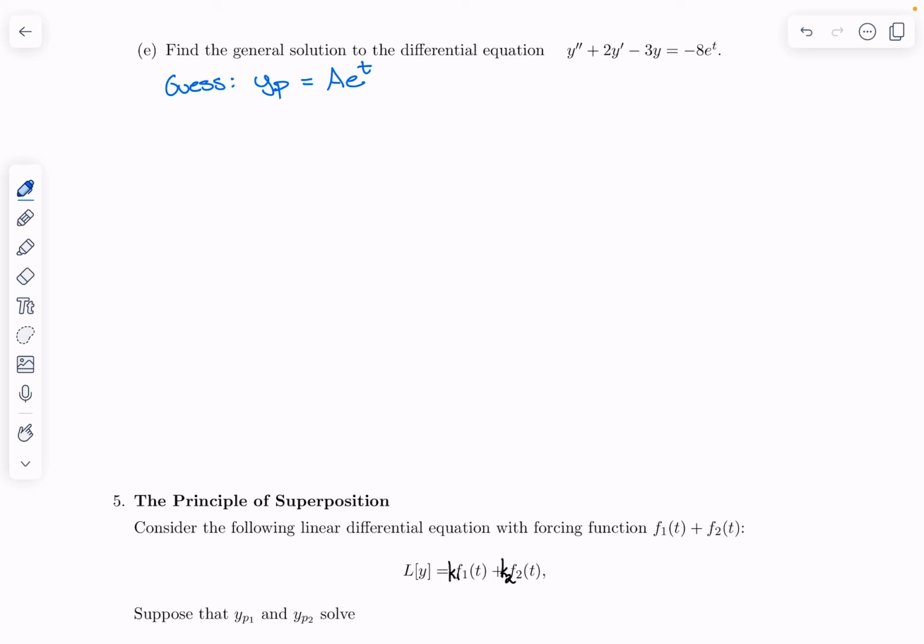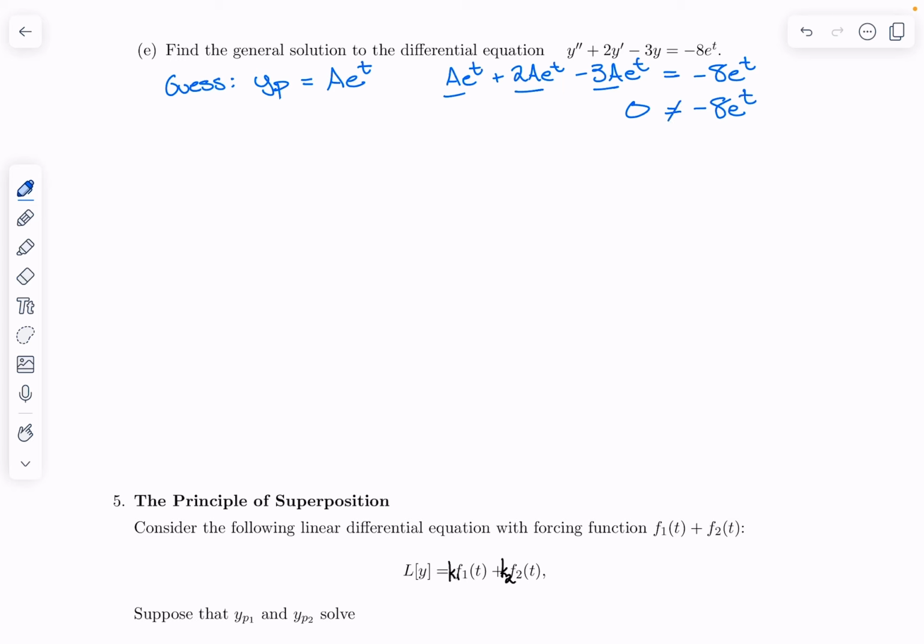So let's just go ahead and plug that guess in. Okay, so y double prime is going to be a e to the t, and then 2y prime, so 2a e to the t, and then minus 3y is minus 3a e to the t, and that's supposed to equal minus 8 e to the t. So a plus 2a minus 3a is 0. But 0 is supposed to equal minus 8 e to the t.